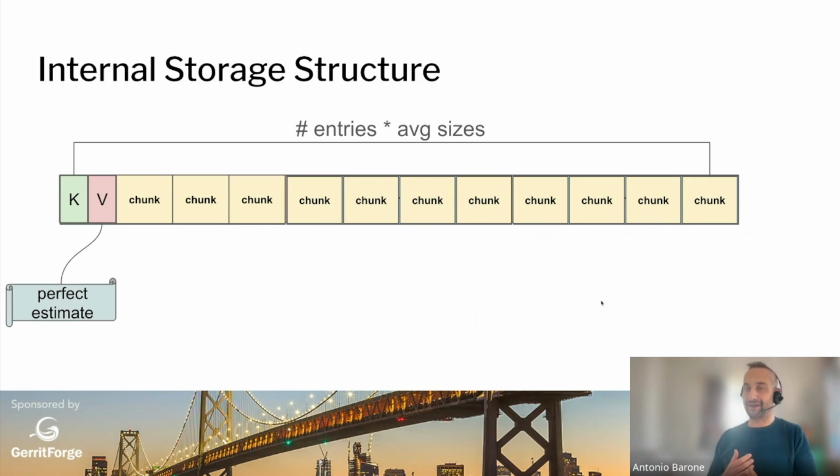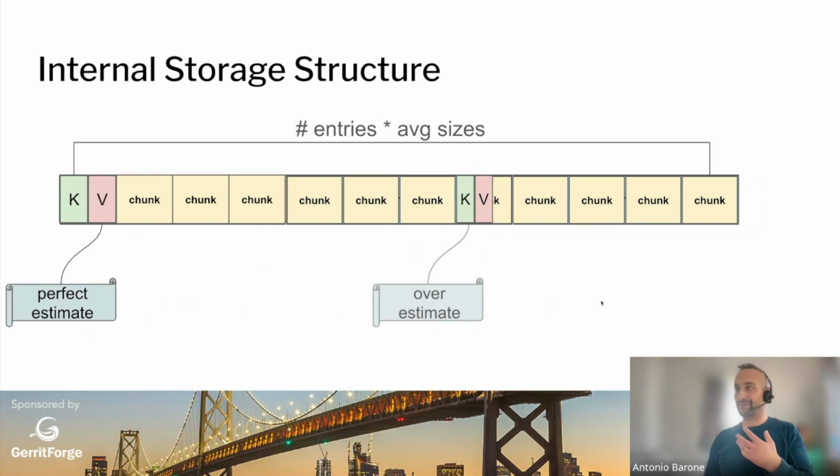So getting these estimates right leads to faster lookups and inserts, because each entry just fits in the expected chunk size. This is different from overestimation. If you thought that your keys and values needed to be bigger, but in reality they are smaller, it won't break anything, but you're just getting a higher memory footprint, which is unnecessary.